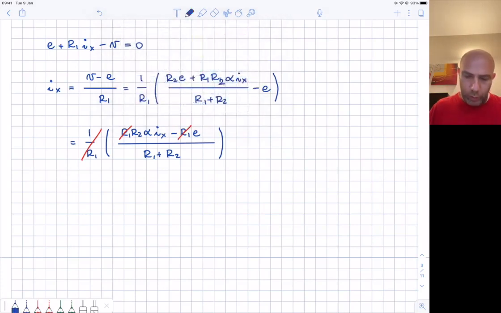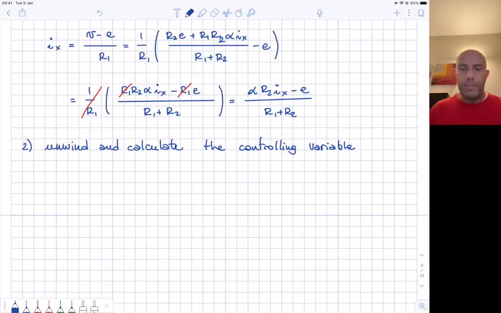So, to conclude, this term is alpha R2 Ix minus E divided by R1 plus R2.